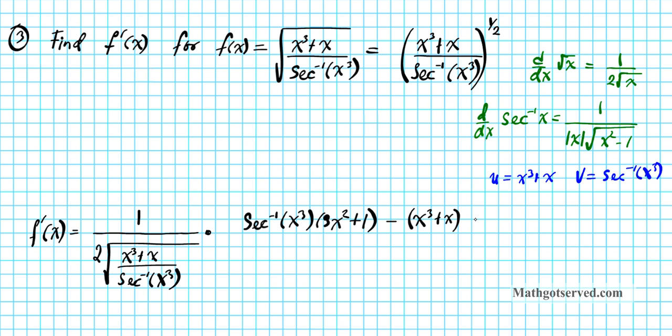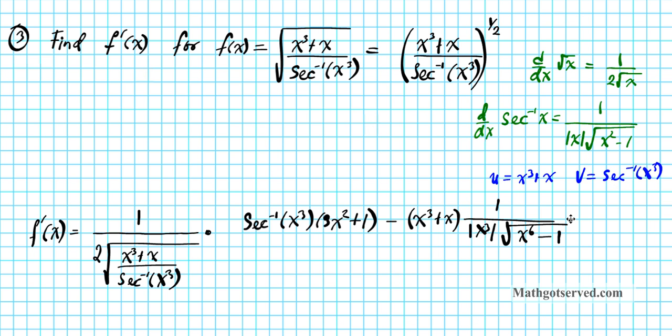That v prime, we're going to be using a chain rule here. So first of all, we have 1 over the absolute value of u, which is x to the third, times the square root of x to the third squared, which is simply x to the sixth, minus 1. Let's just combine steps to save time. Okay, so that's the derivative of the outer function, looking for v prime.